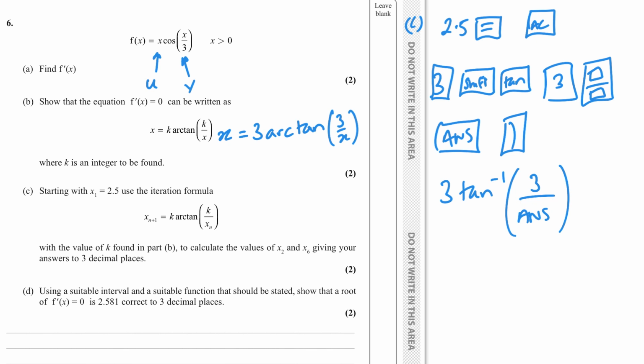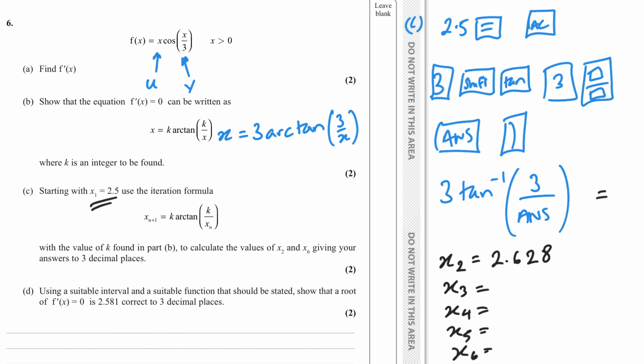Now, since this is x1, when I press equals, I'm going to get x2. And x2 is then 2.628. Okay, and that's the first one we want, and then we want x6. Now I'm just going to write the next few down up to x6, but obviously you don't need to do this.